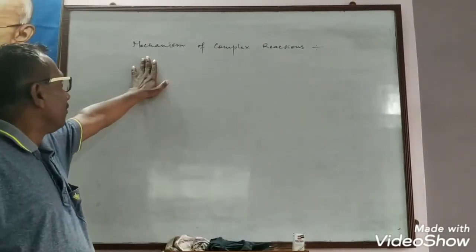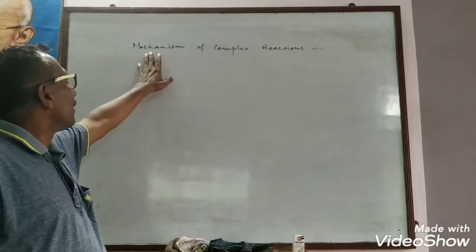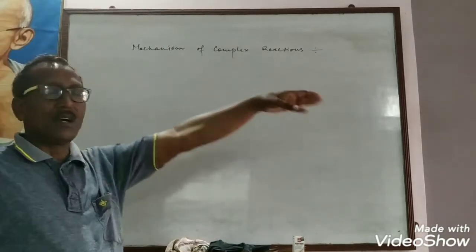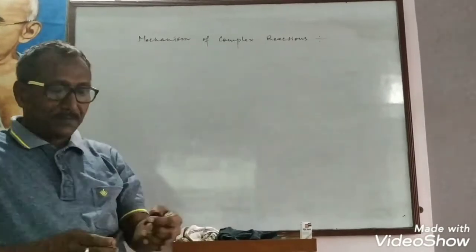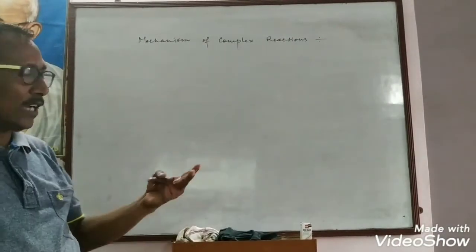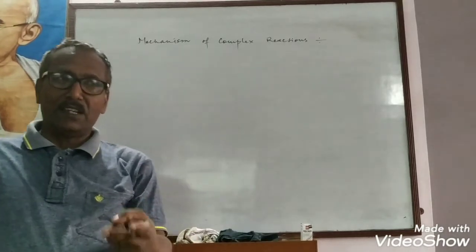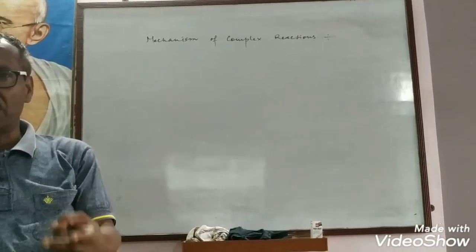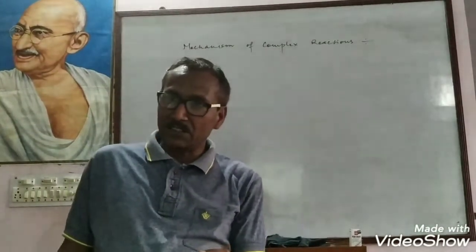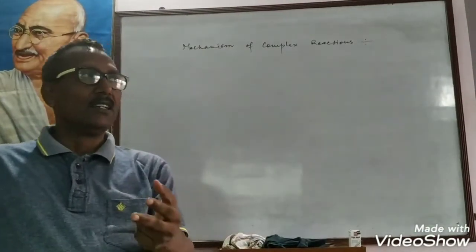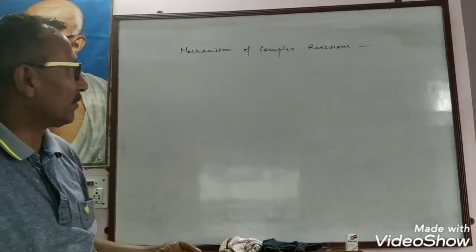Student, today I have to discuss with you the topic mechanism of complex reaction. Earlier we have already discussed two types of reaction. One is elementary reaction that takes place in one step, and second one is complex reaction that takes place in more than one step.